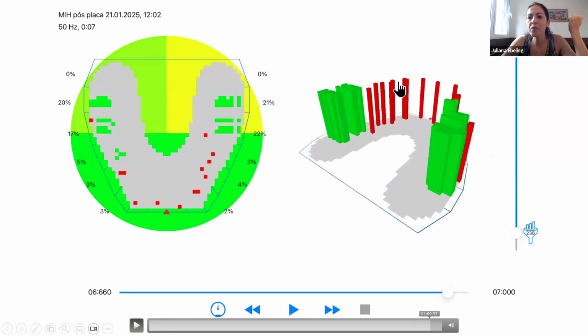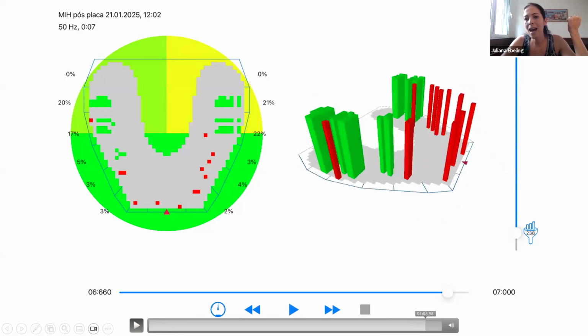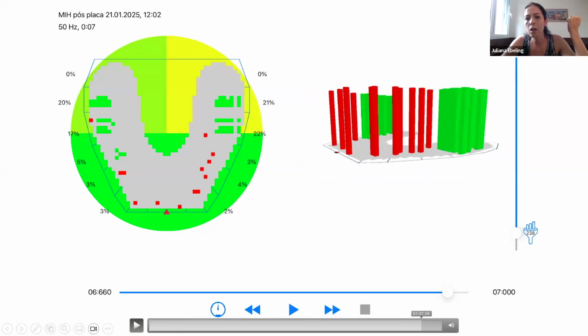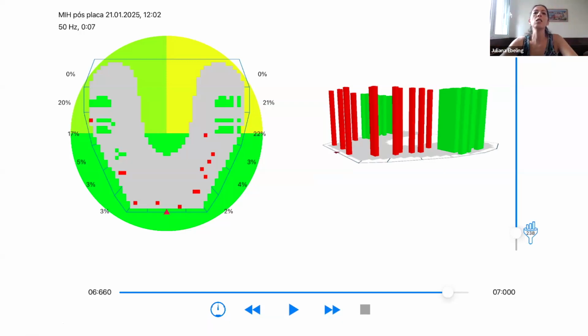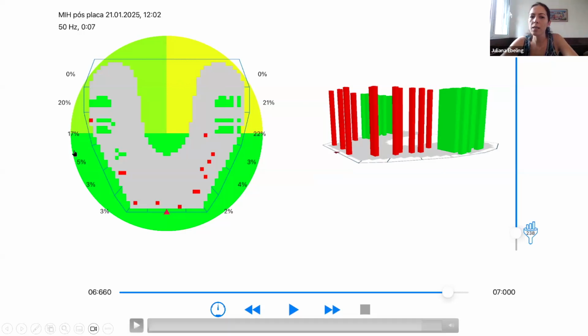I don't have a difference between the intensity of these contacts, but I have more contacts happening here that result in more intensity on the back. It's really important because here I have some contacts, but here I have more concentrated, larger contacts, with more intensity concentrated here.